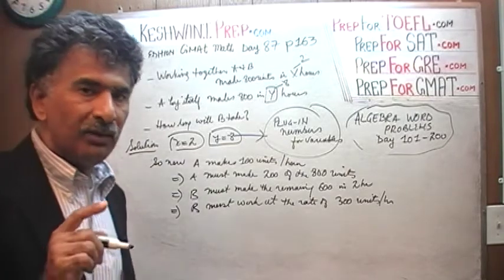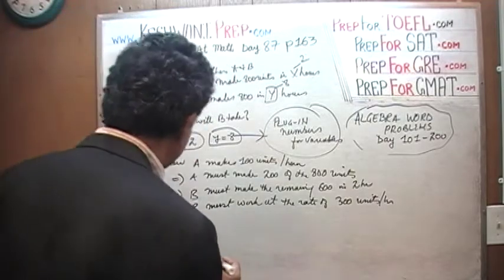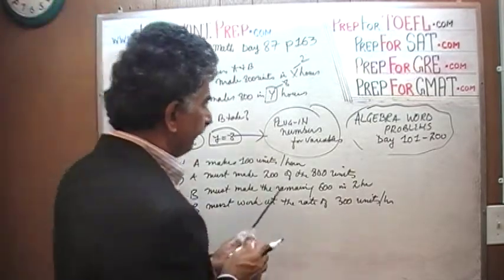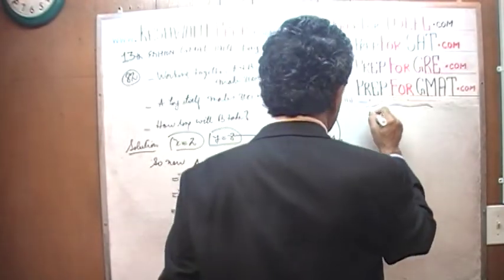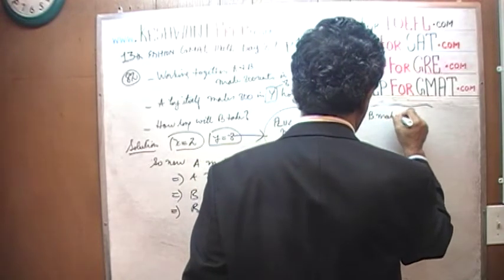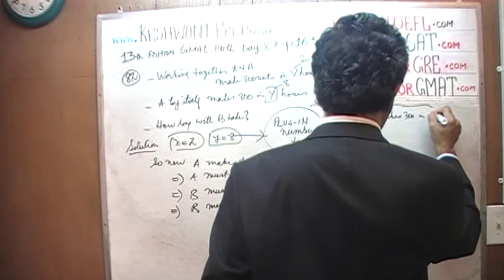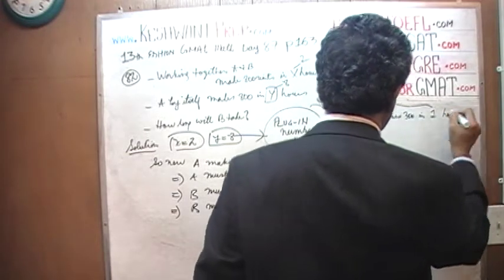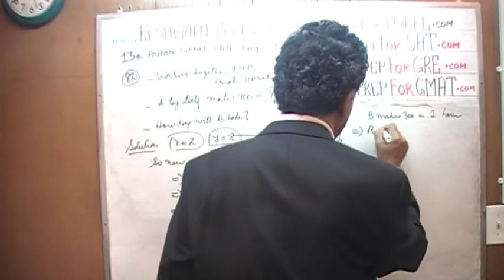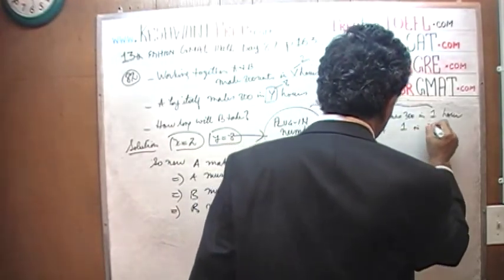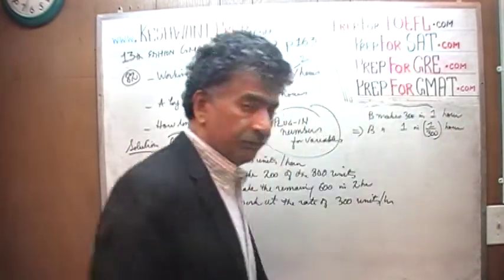The question is, how long will B take to make 800 units? That's all it is. That's very simple. So B makes 300 in 1 hour. If B is making 300 in 1 hour, then B must make 1 unit in 1/300th of an hour.